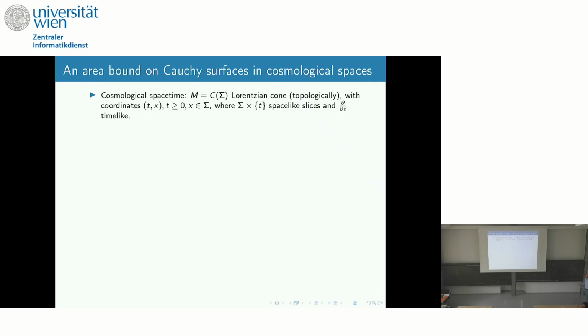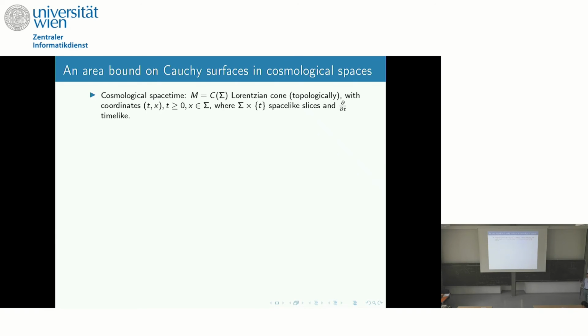Okay, a second interpretation of this area bound is in cosmological spacetimes. So cosmological spacetimes are particular solutions of the Einstein equations which are used by cosmologists to model the universe from the Big Bang up to now.